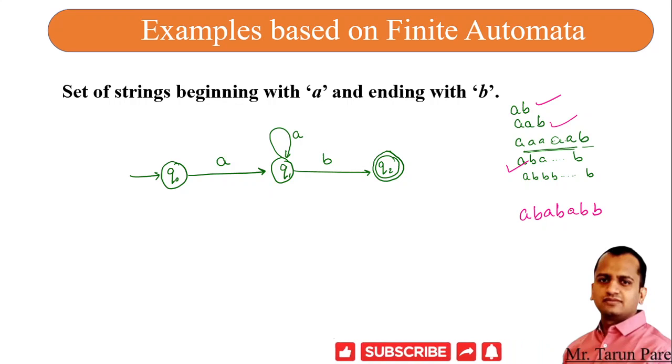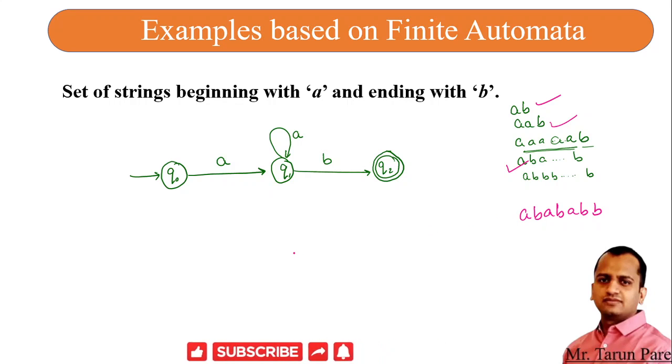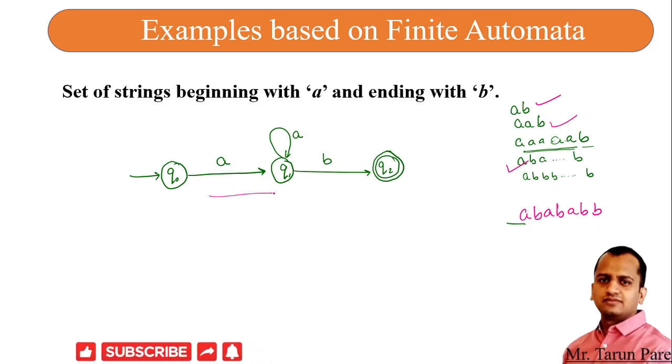Now what if you want to accept a string like abab? How will you make the automata for this? If you get a, it travels on a. If you get b, you go to the final state. But if you get a, then what will happen?